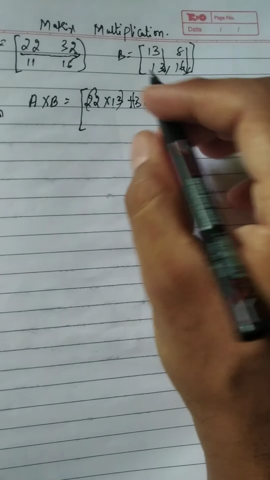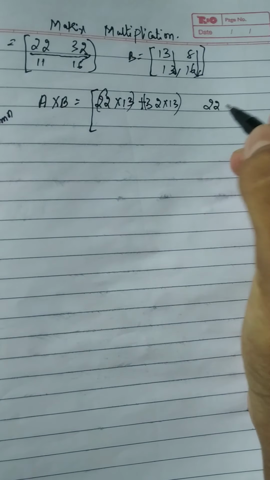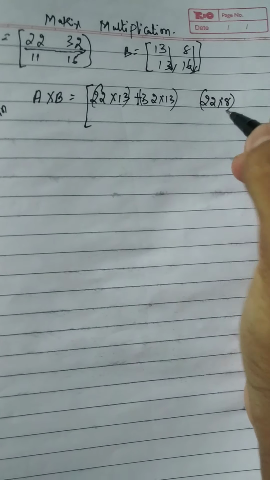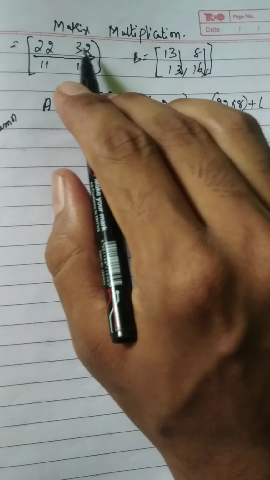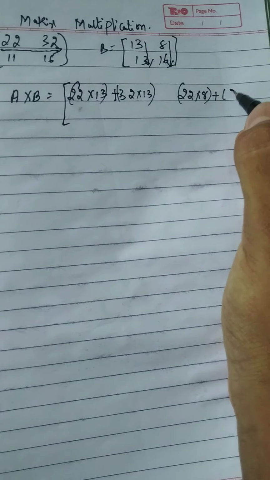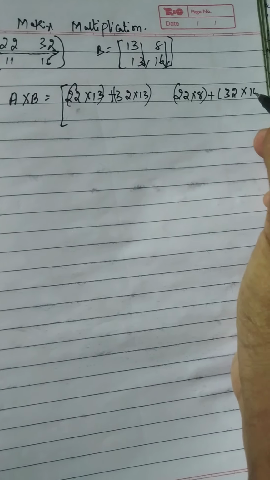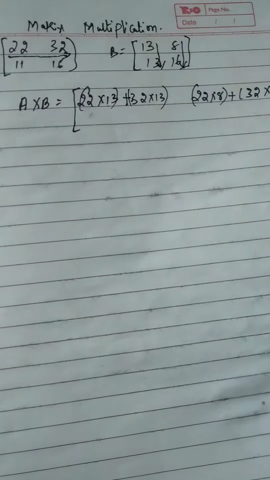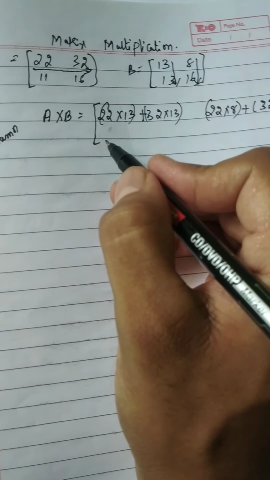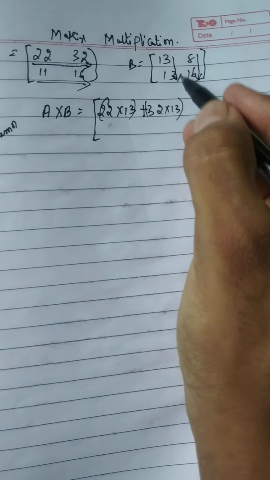Then again, first row with the second column. So it goes like this: 22 times 8 plus again the second element with the second element of the second column. So that is 32 times 16. Then we have second row and the first column.